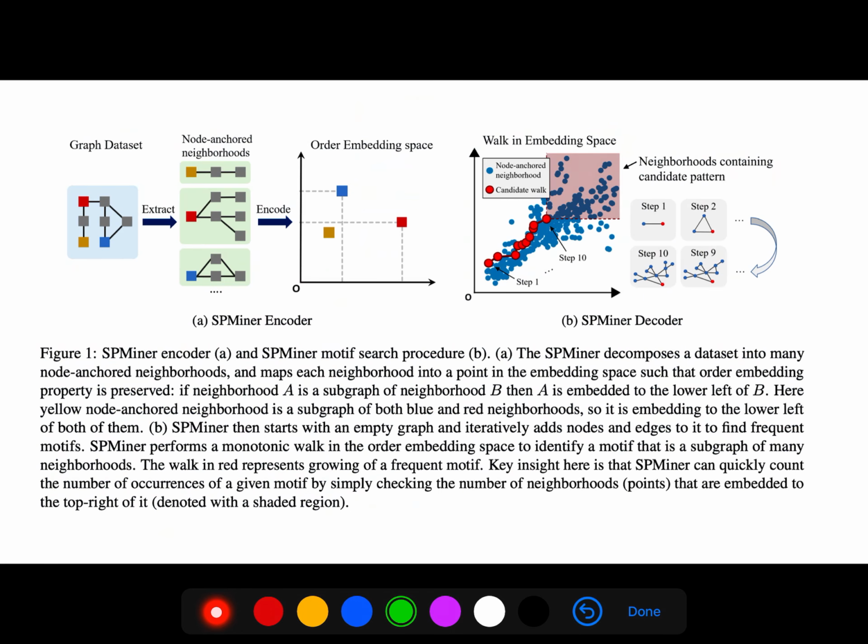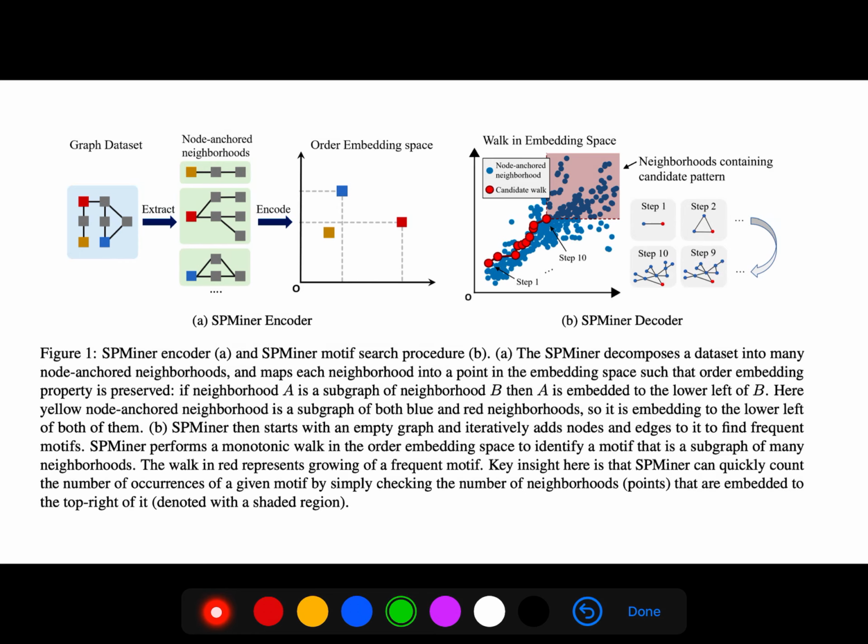So this is the architecture: the SPMiner encoder in A, and the SPMiner motif search procedure in B. SPMiner decomposes a dataset into many node-anchored neighborhoods and maps each neighborhood into a point in the embedding space such that the order embedding property is preserved.